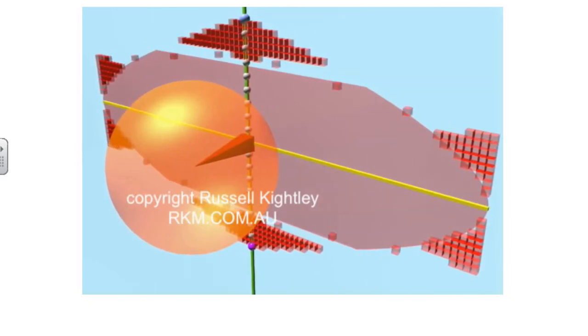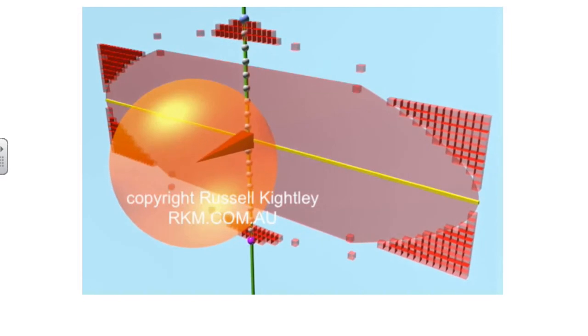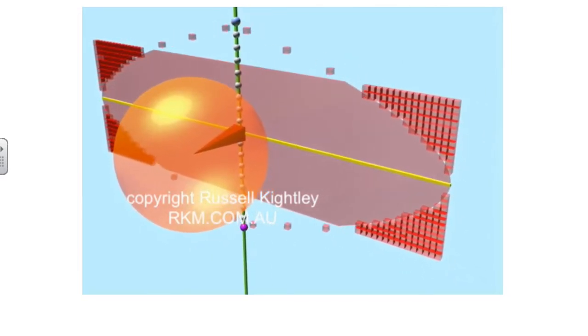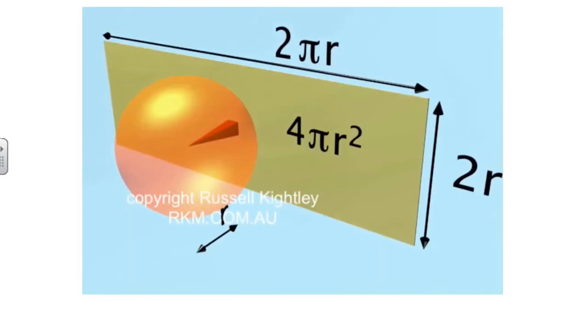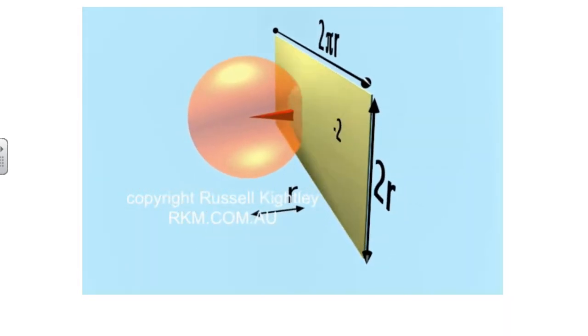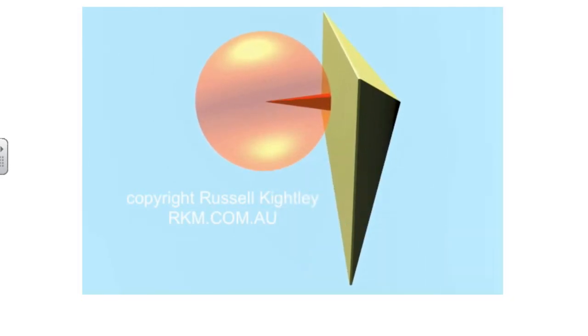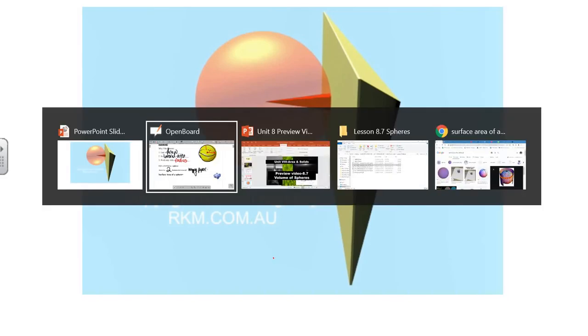When you unwrap the wrapping paper, the GIF is redistributing the area to turn the area into a rectangle. And the height of that rectangle is twice the radius. And the length of that rectangle is 2 pi r because it's along the circumference.